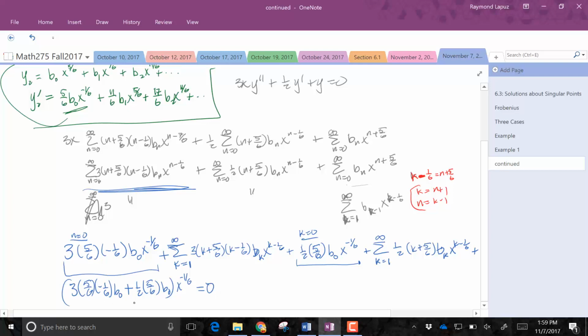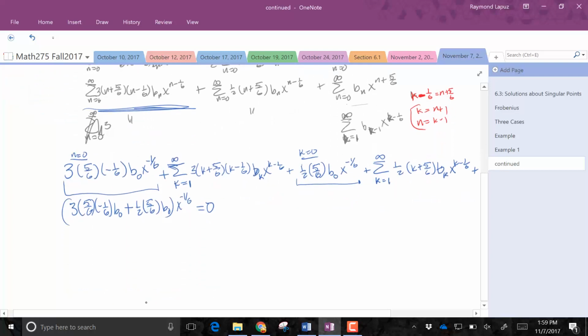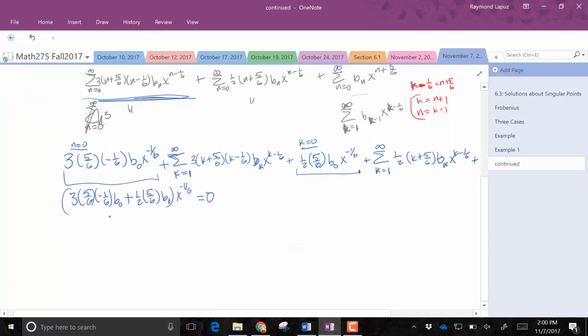The whole term's equal to 0, and so that leaves b naught can be anything, because these terms make it go to 0 anyways. So that's good. So b naught's not equal to 0 according to the theorem, or the three cases.